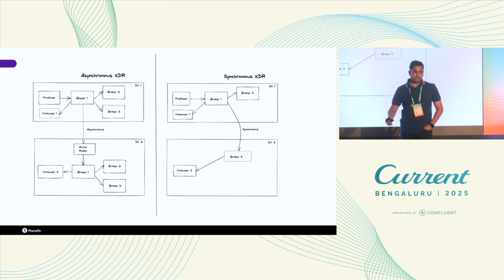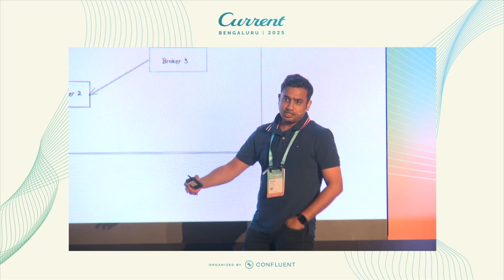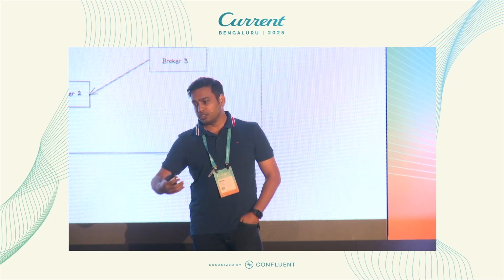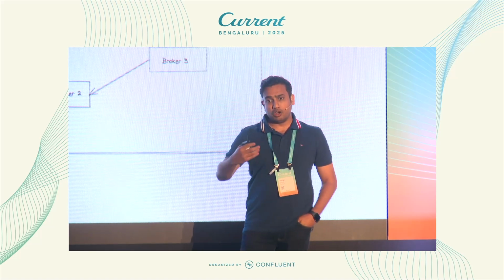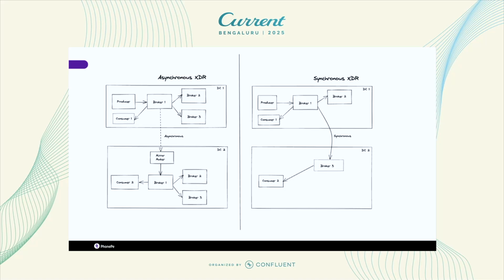That is your asynchronous XDR. In synchronous replication, your Kafka cluster is split across two different data centers. A few of the brokers will be in data center 1, and a few in data center 2. It's synchronous because a client will only get an ack once the data has been successfully replicated across both data centers. That's the synchronous XDR on the right hand side.